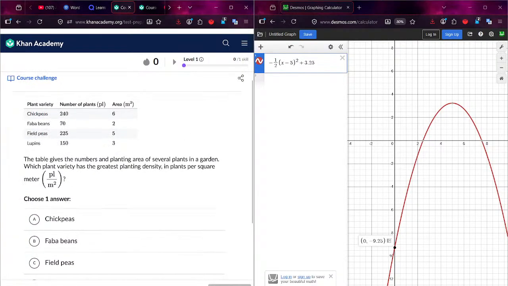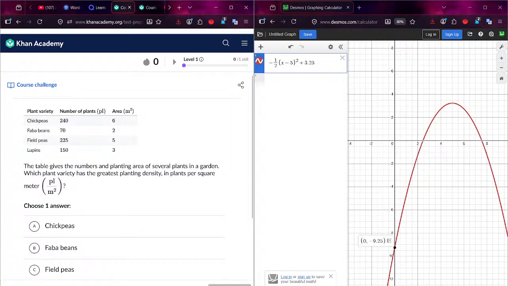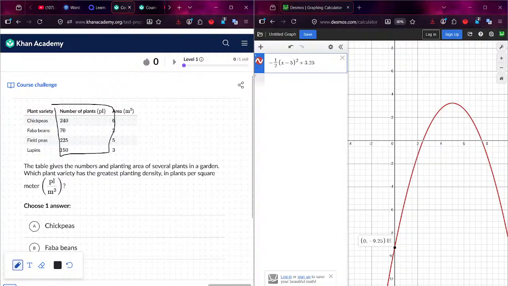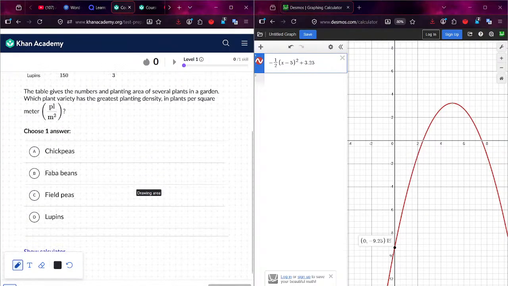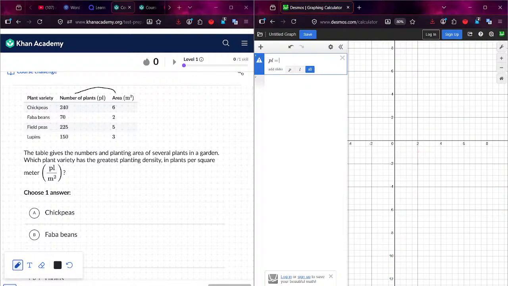So when you have this, number of plants over area, we're saying which plant variety out of these, when you divide this by this, has the greatest planting density? So what we could set up in decimals over here, PL equals something.